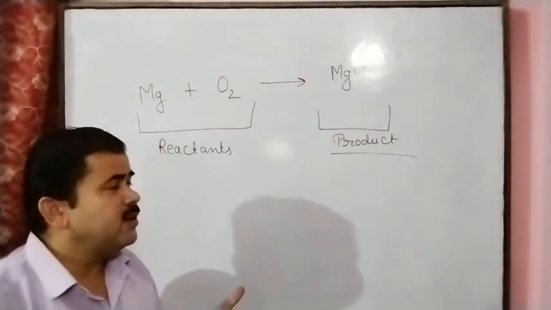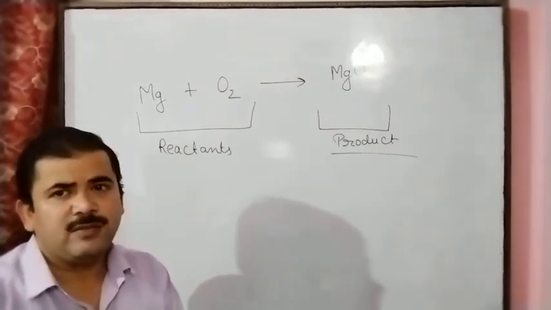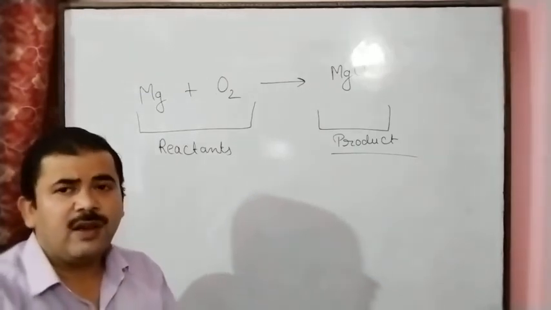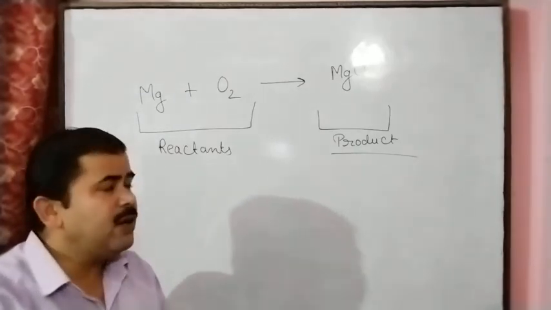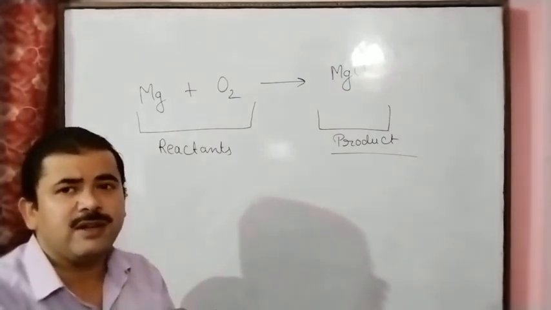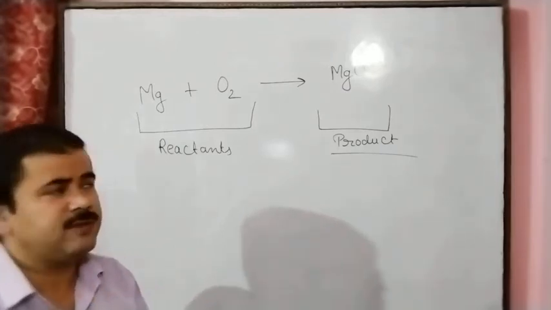In this method we count the number of atoms of each element on the reactant side and the product side, and then equalize the number of atoms of each element in reactants as well as in products.